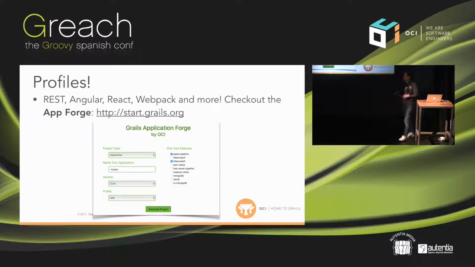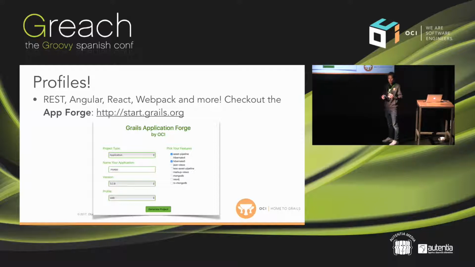The profiles area in particular, we're excited about, and it's continuing to develop, making it easier for you to create and get started with your applications. And one of the things we've done is the whole profile mechanism is kind of independent of Grails itself.